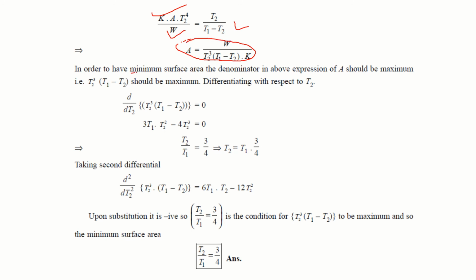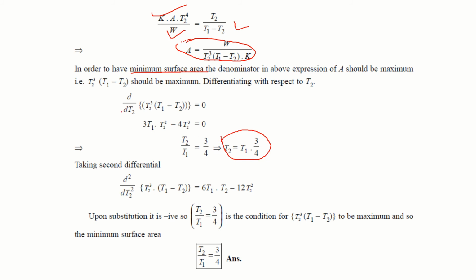Minimum surface area I need this. So I have to optimize. So d by dT2 must be equal to 0. So from here again differentiate and you are going to get this ratio.